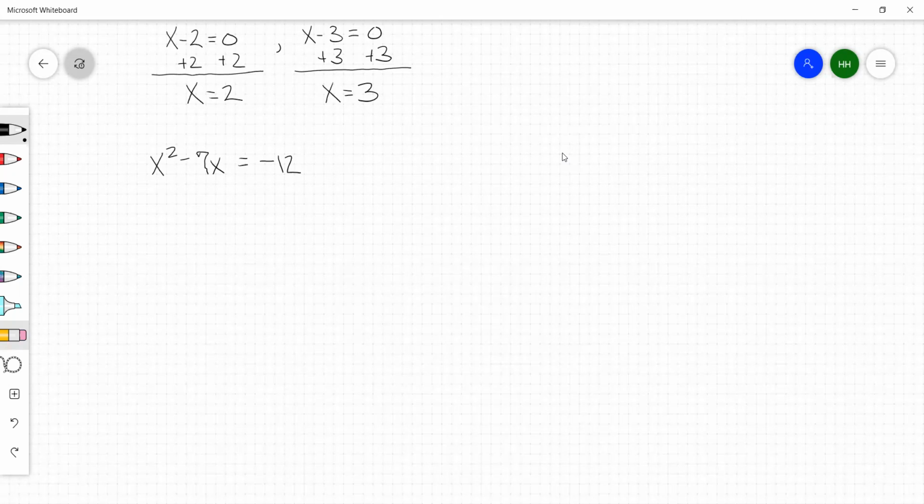In order to get a 0 on the right-hand side of this equation, we could add 12 to each side. And on the left side, make sure you don't add your 12 to your 7x. The 12 doesn't have an x with it. So we get x squared minus 7x plus 12 equal to 0. And then we factor that.